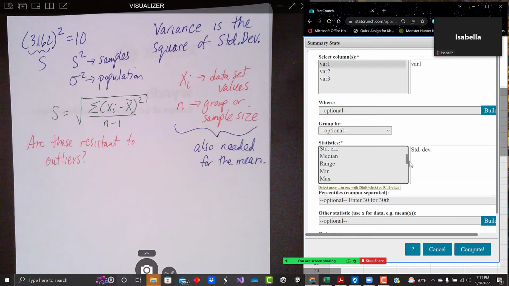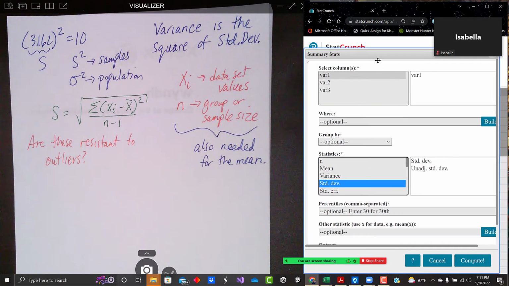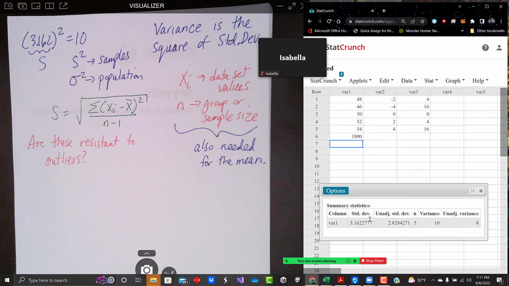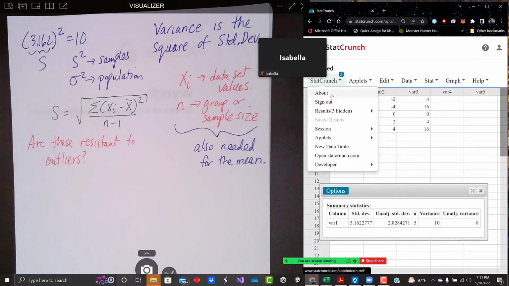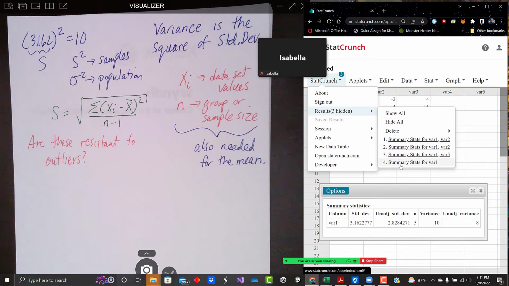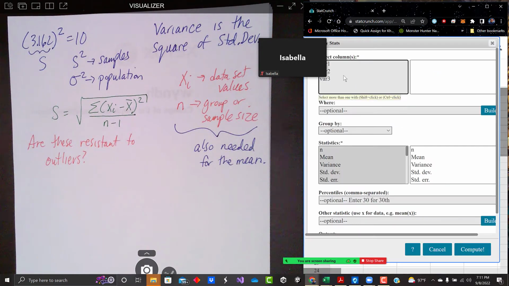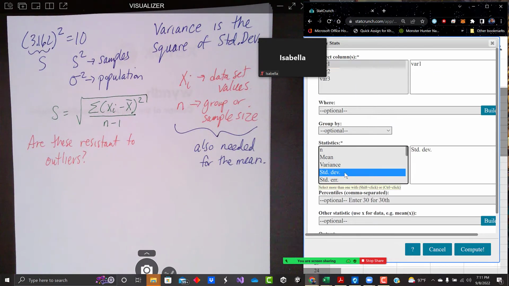Standard deviation, unadjusted standard deviation. Is that how I did it before? Yep. Then I said n, and then variance, and then unadjusted variance. Click compute.